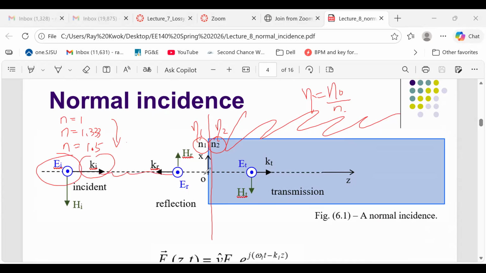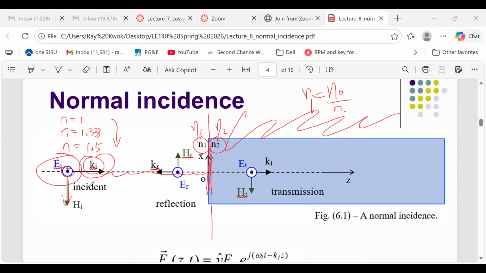All right, so suppose I have an electric field propagating, going to hit this medium, hit the boundary. Ki is the wave vector of the incident wave, going onto this interface. Suppose my electric field is coming out, okay, then my H field must be pointing down because E cross H is k, right? Okay.